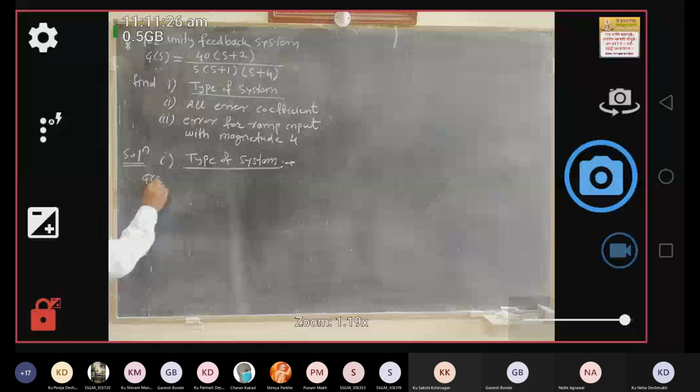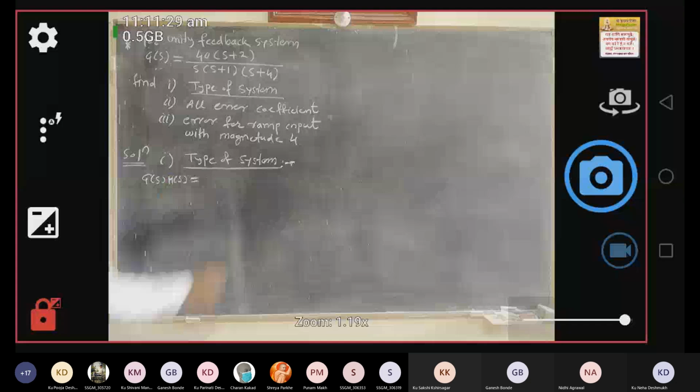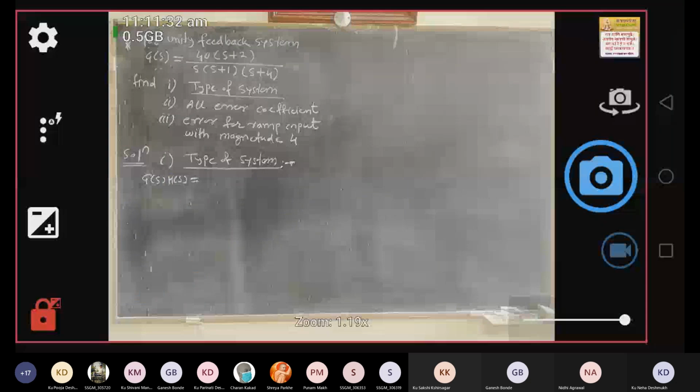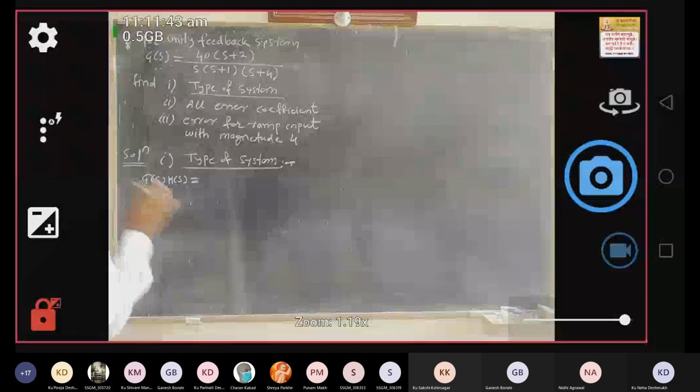Once again, I repeat the standard transfer function. Your transfer function can be expressed in two forms: either time constant form or pole zero form. As far as time response analysis is concerned, we always convert our transfer function into time constant form.